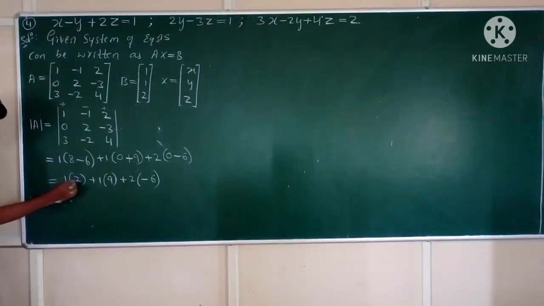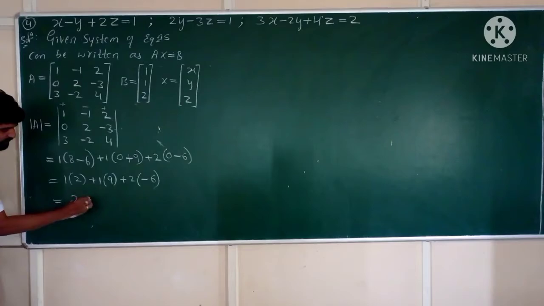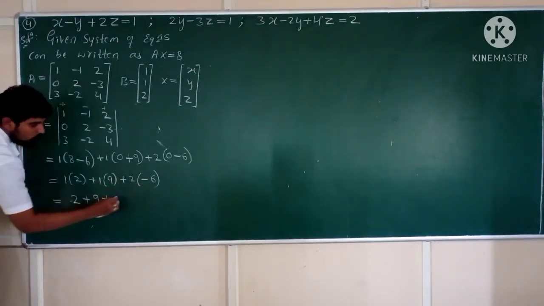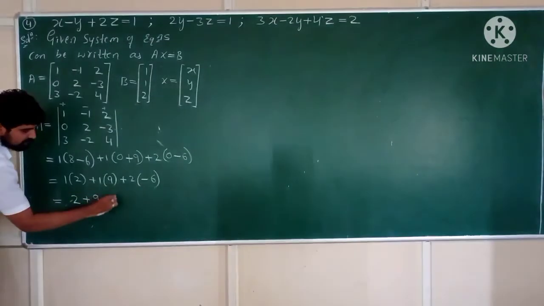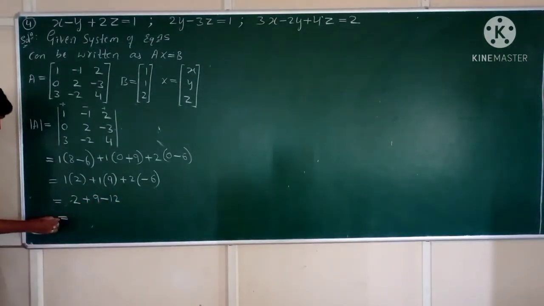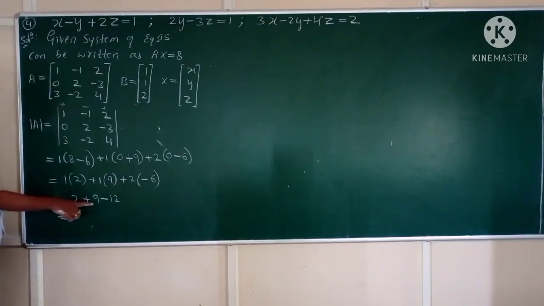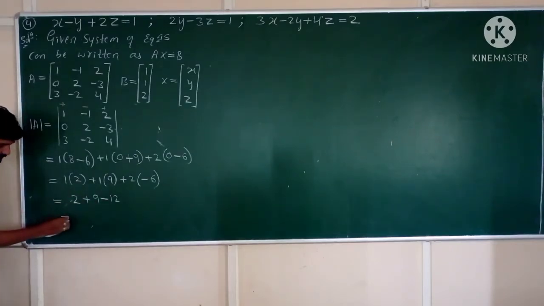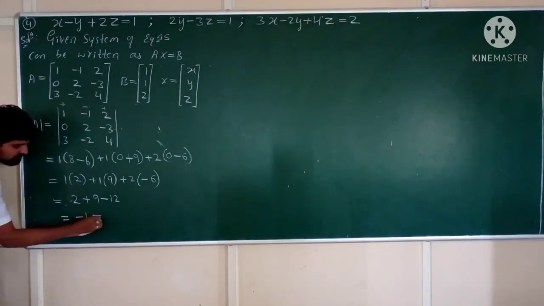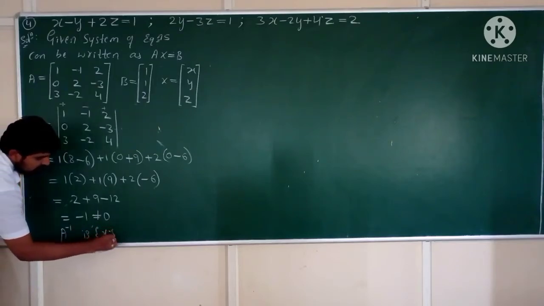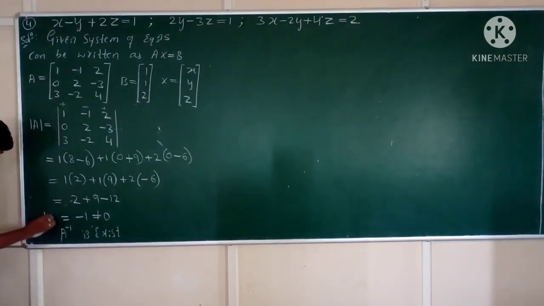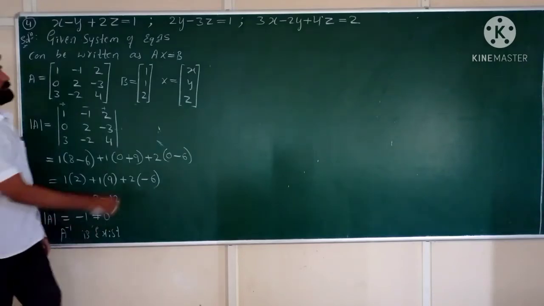So which is equal to 1 into 2, 2, plus 1 into 9, 9, plus 2 into minus 6 is minus 12. 2 plus 9, 11, 11 minus 12 is minus 1, and minus 1 is not equal to 0, hence A inverse exists. Therefore the determinant of the matrix A is equal to minus 1.